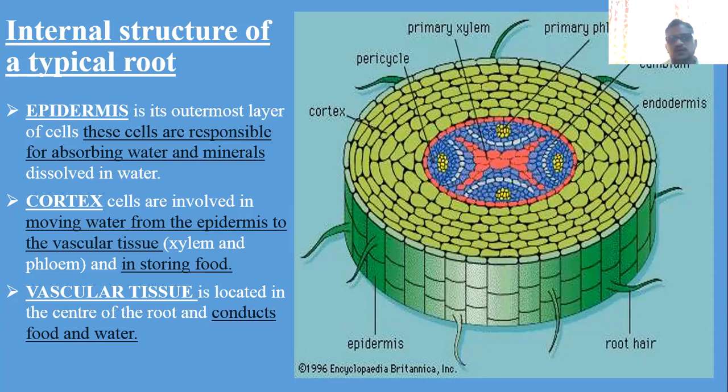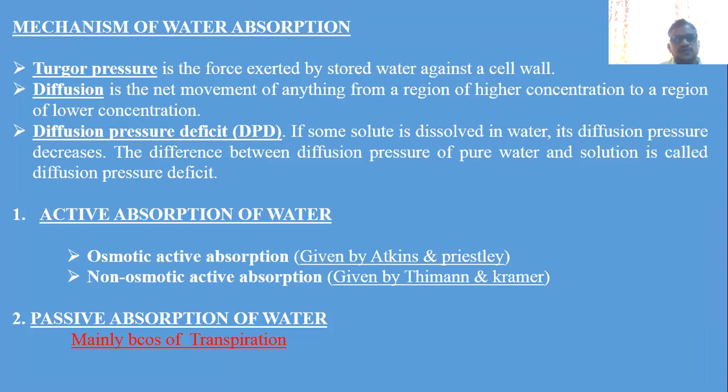And the last point is passive absorption. Okay, passive absorption of water is mainly because of transpiration, and transpiration means what? Loss of water from the leaf area, bark area, in the form of water vapour.